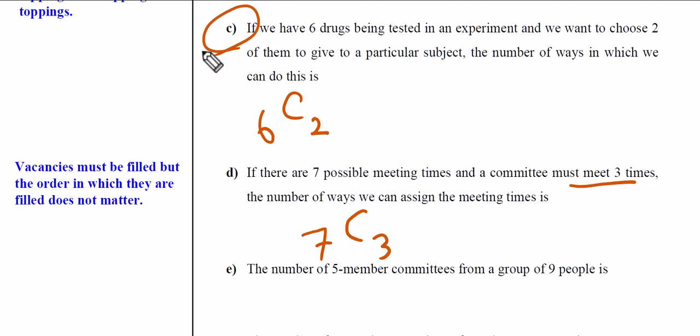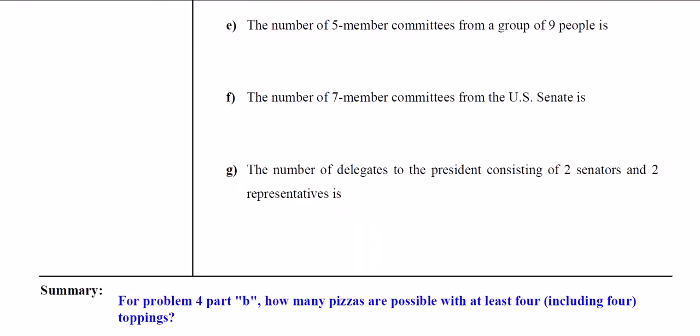Neither did part D. We just have to have these drugs tested. We just have to have these committee meetings. There's no particular order that's important. So these are combination problems. Of course, you're invited to go ahead and put in the calculator or do the setups, show you know what the answers are. But the setup is what's important here, and identifying that it's a combination.